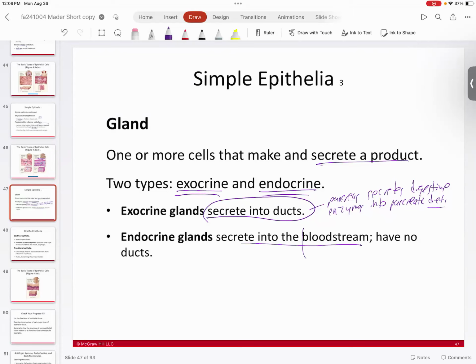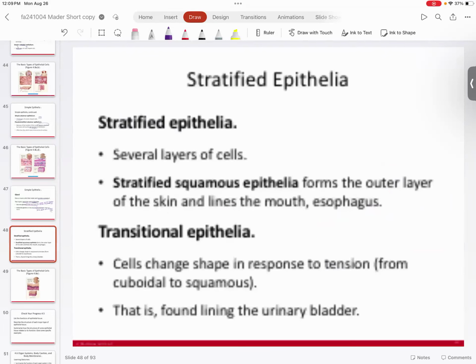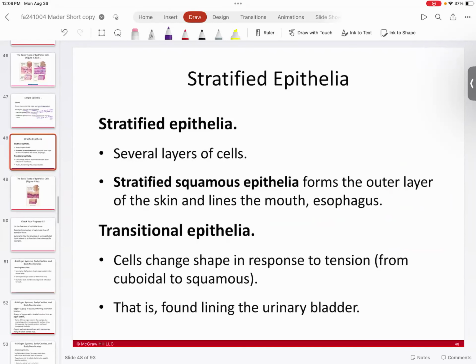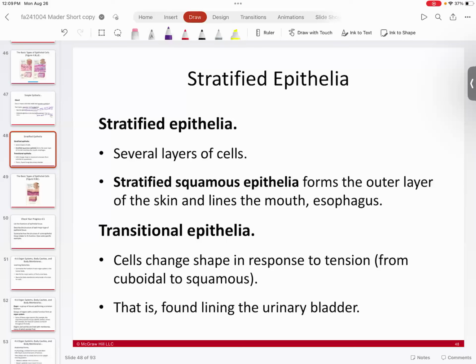Another example from the pancreas is that it can also secrete insulin into the bloodstream, because it has both functions. So that's an endocrine function, and it goes directly into the bloodstream. Generally speaking, if you're an exocrine gland, you have a ducted network. If you are an endocrine gland, you dump your secretions directly into the bloodstream.